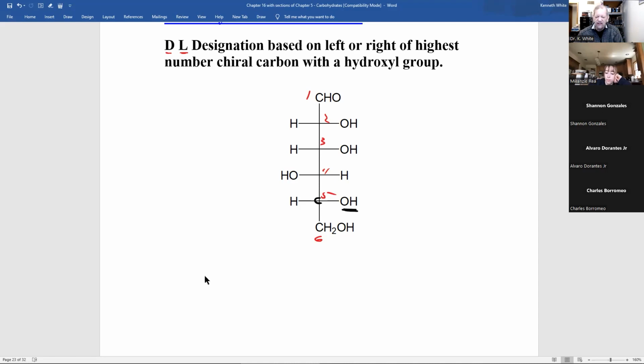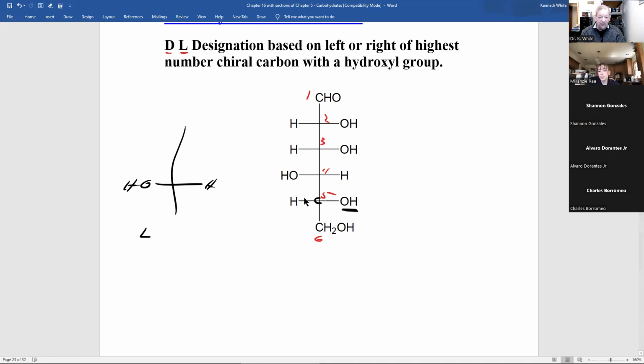And because the hydroxyl group is on the right, this would be a D in the designation. Here, if it's on the left, this would be L. And I think D is shorthand for dextrose and L for levose, which I think, and don't quote me on this, is right and left in Latin. No, I don't know Latin, but I believe that's correct.